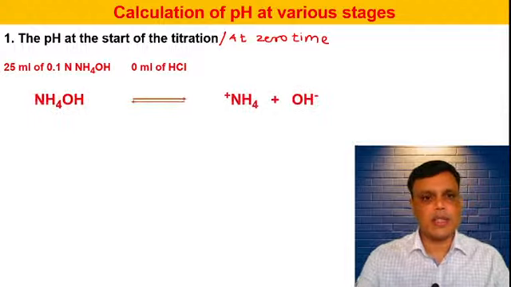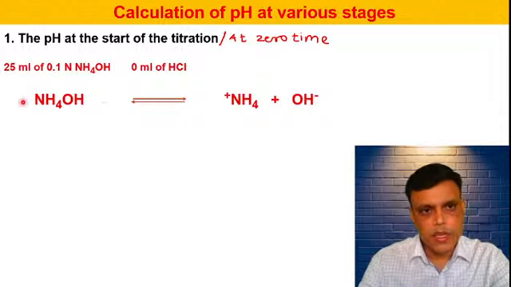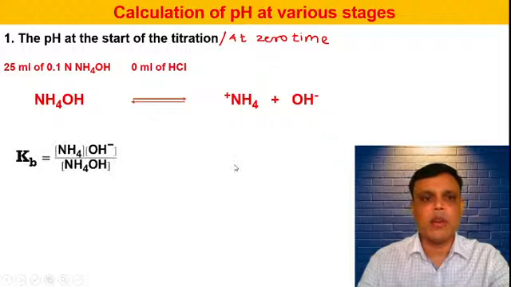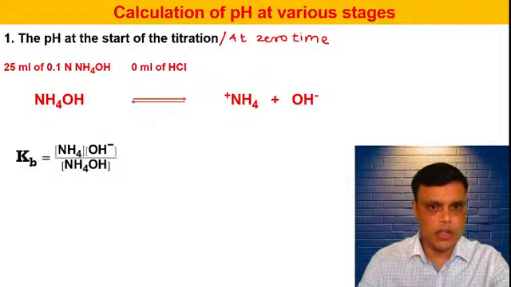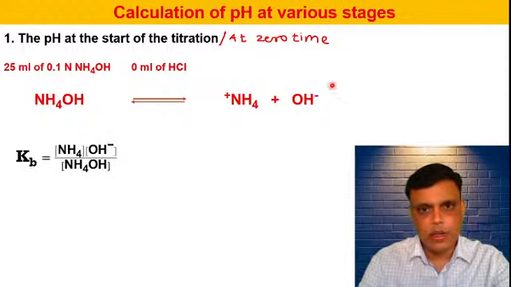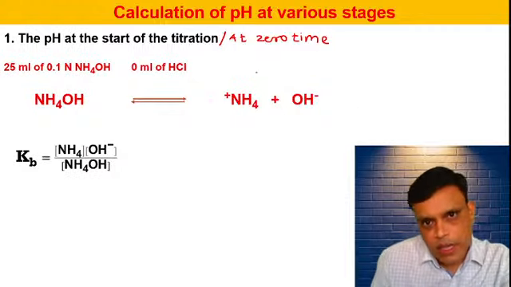At the start of the titration, ammonium hydroxide is present, and this ammonium hydroxide will reversibly give you ammonium cation, that is NH4 plus, and OH minus ion. So, according to the dissociation law, the dissociation constant, that is Kb, is the ratio of the product of concentration of the products.